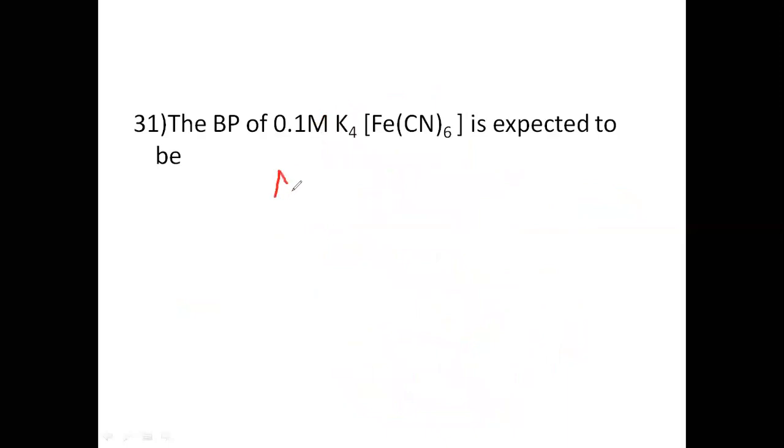So delta TB is equal to i into KB into m. And again, here this small m should be molal. It is already said i is 5.